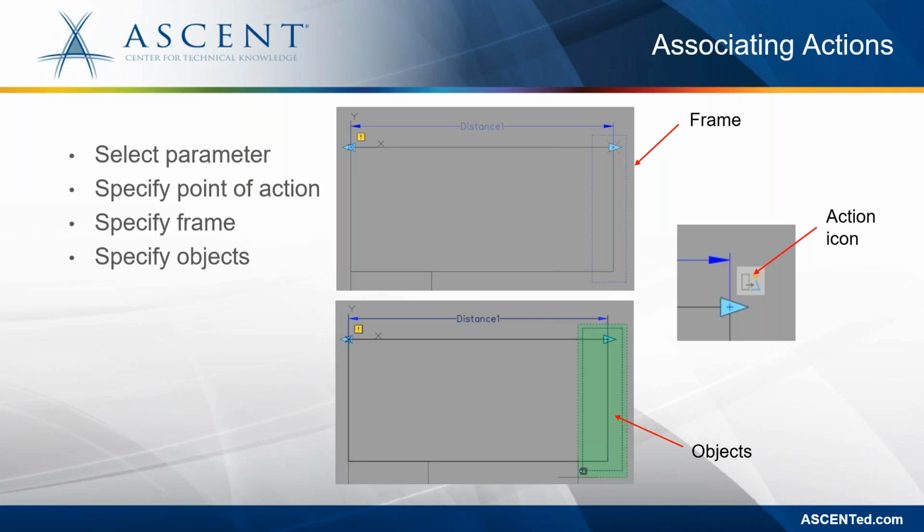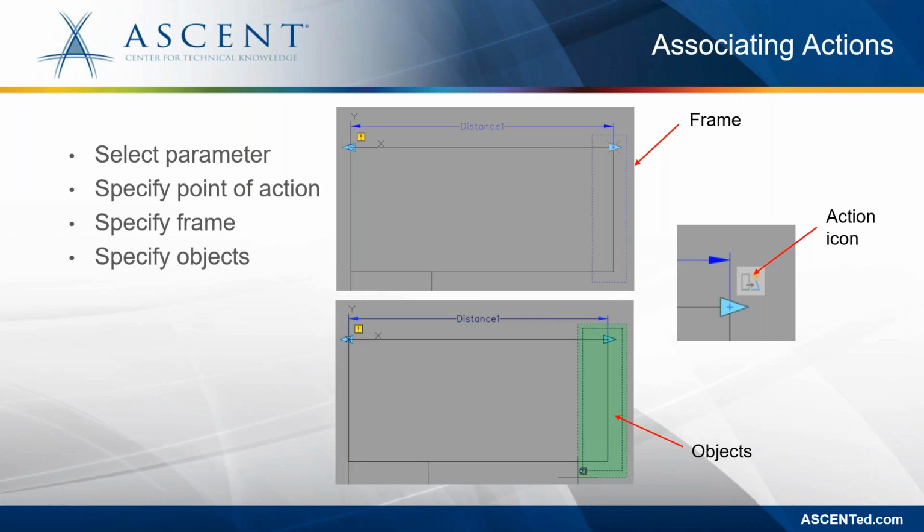For example, for a stretch action, after selecting the parameter, which in this case is the linear parameter, you are required to specify the point of action. It can be either the right or the left point. After which you're prompted to define the area, which is called the frame. And finally, you specify the objects.